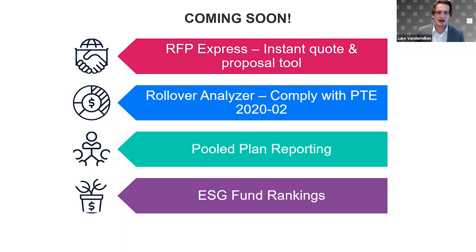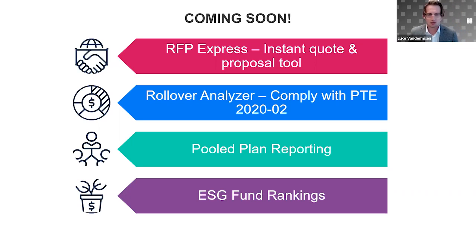Instead of taking weeks and weeks to put together a report comparing proposals, it'll take about a day, even less in most cases. RFP Express is going to be a big game changer for advisors in putting proposals together. We'll give you plenty of heads up when that's coming later this summer, but keep your eye out for it.